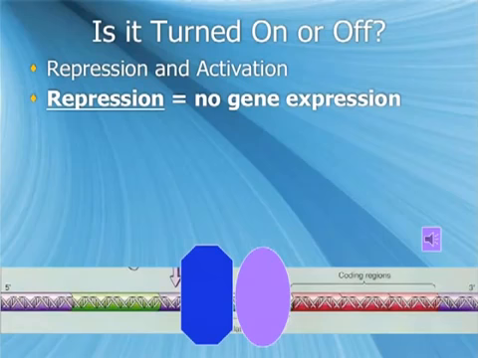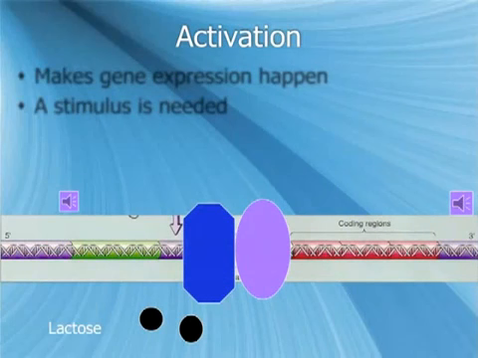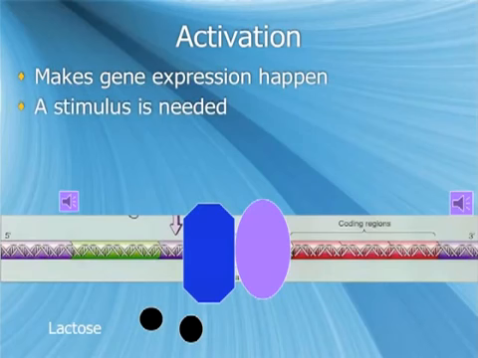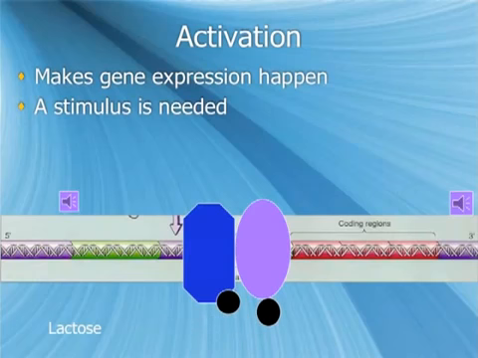Now what happens when the gene gets turned on? It makes gene expression happen. And this is caused by a stimulus. So if you see in the animation, the black circles are lactose. And basically the lactose goes and binds to the inhibitory protein.